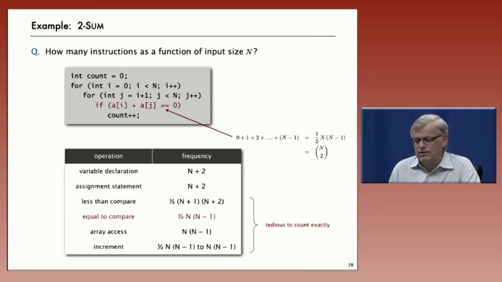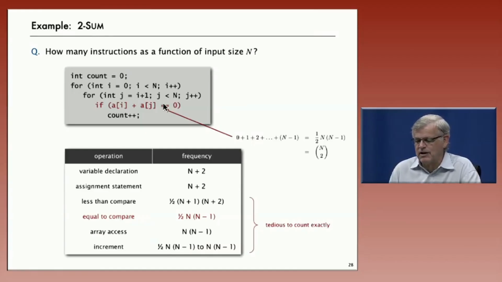Well, in this case, you have to do a little bit of math to see that when i goes from 0 to n and j goes from i plus 1 to n, the number of array accesses that we do is 2 for each time the if statement is executed for a[i] and a[j], and that is executed n minus 1 times the first time through the loop, n minus 2 the second, and so forth.